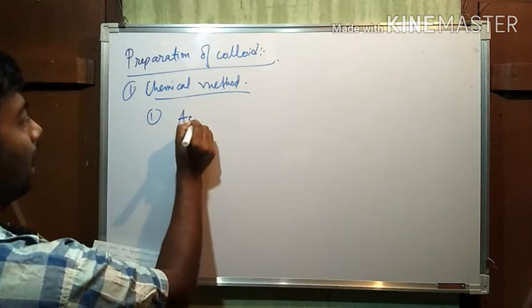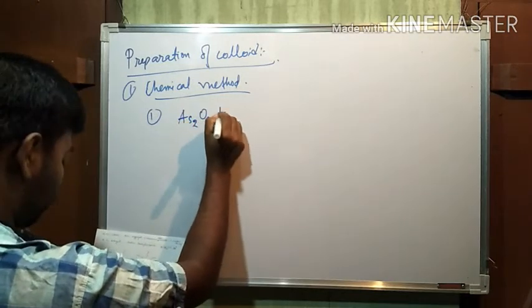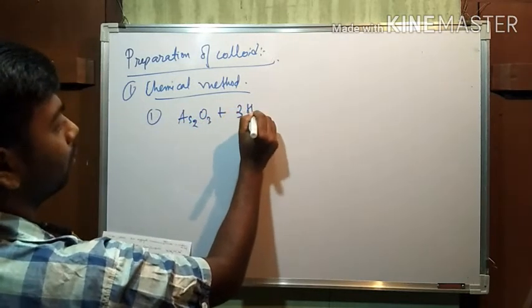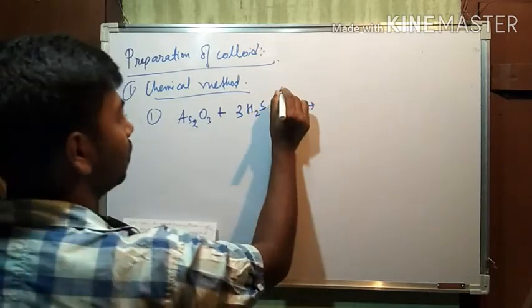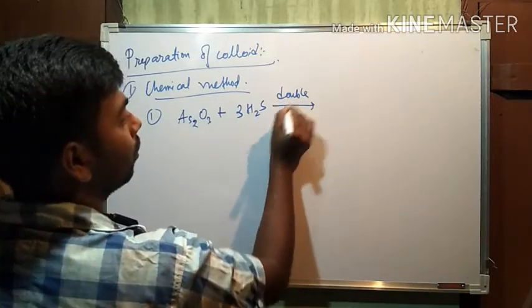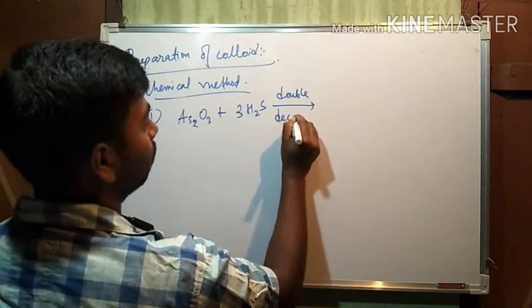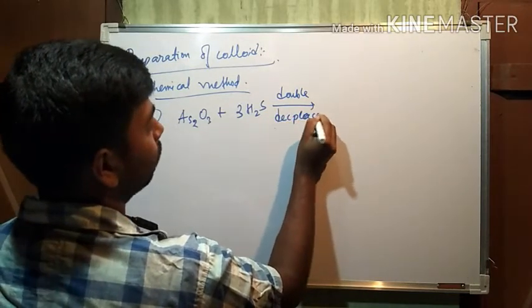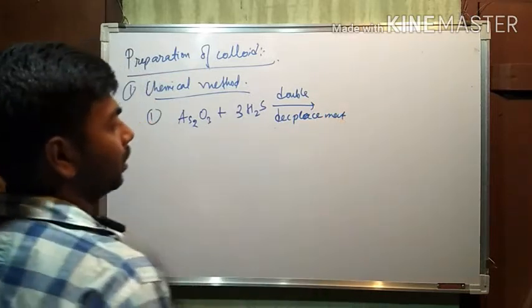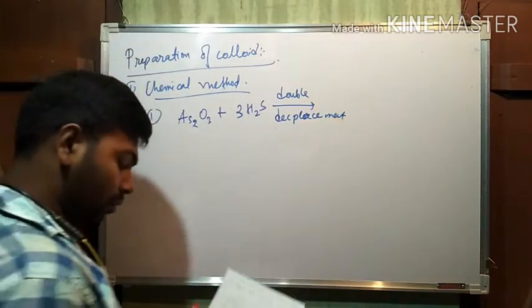When arsenious oxide reacts with hydrogen sulfide, this is a double displacement reaction.